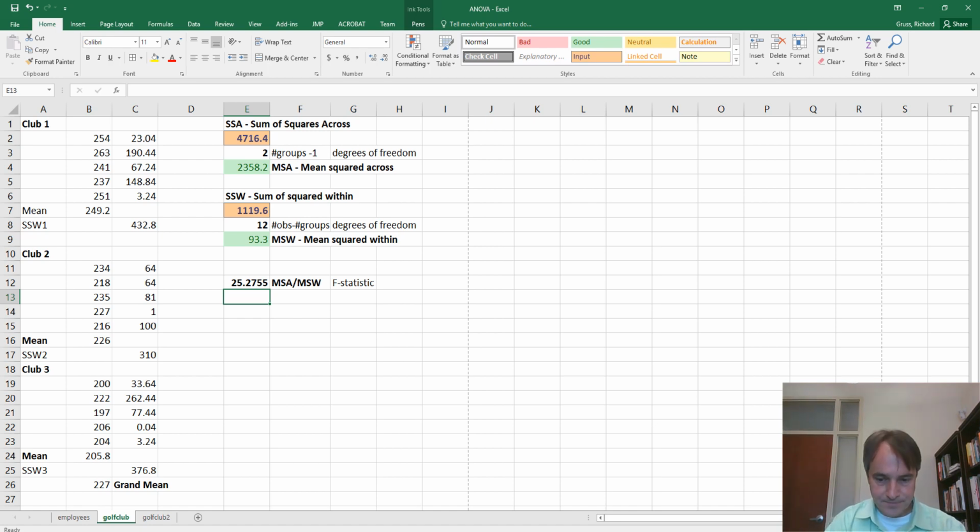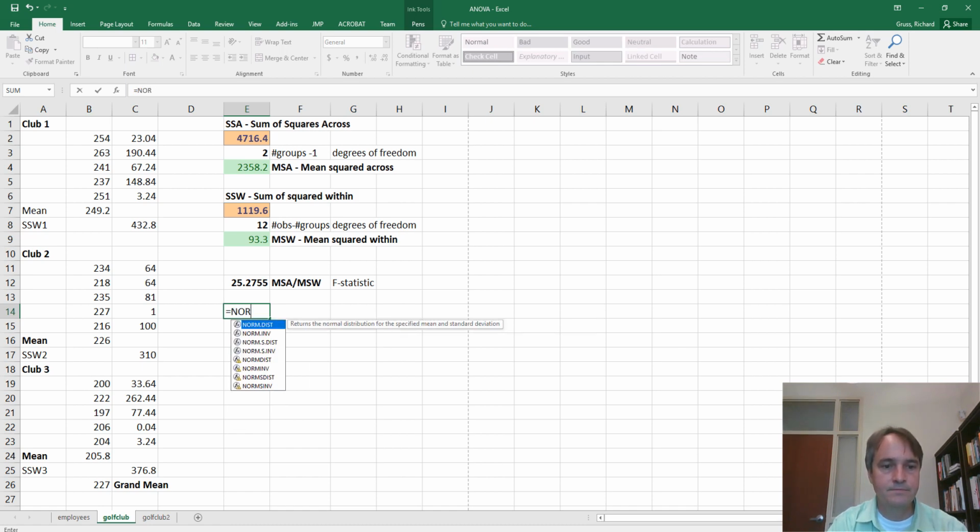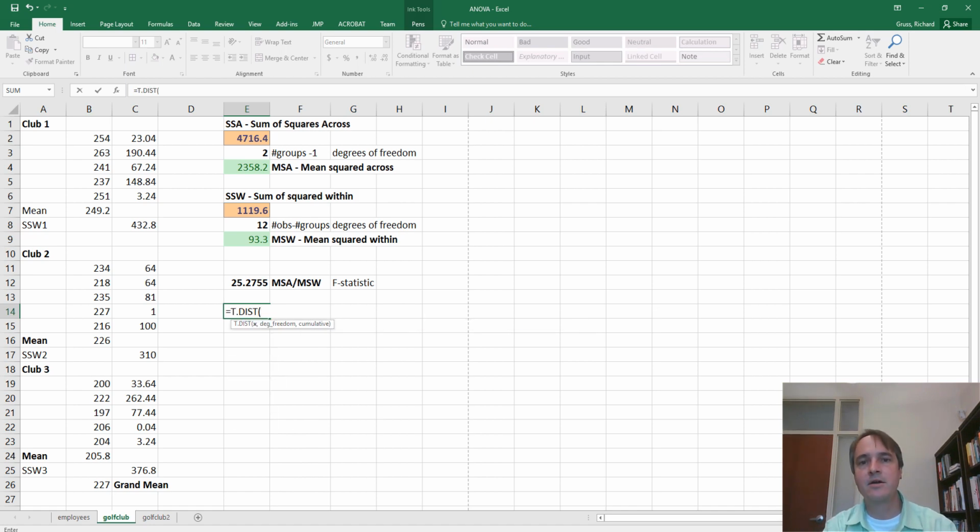Now remember that when we were finding the p-value for a normally distributed variable, we used norm dist and then put in our value. And then when we were using the t, we used t dist, and we had to put in our value and then our degrees of freedom.